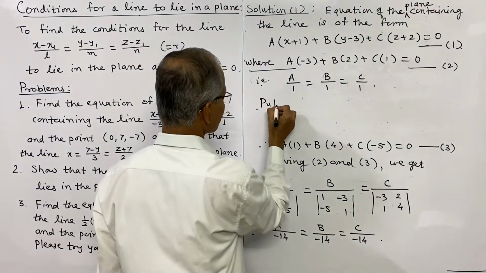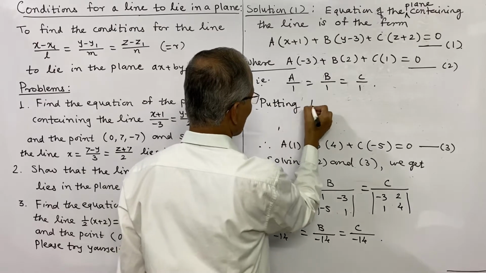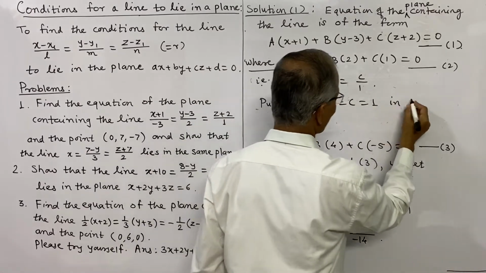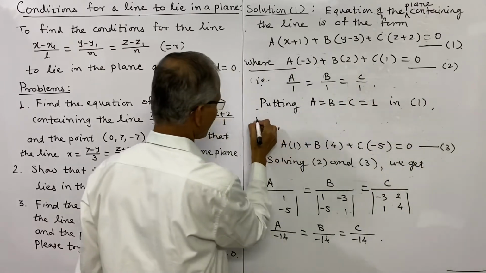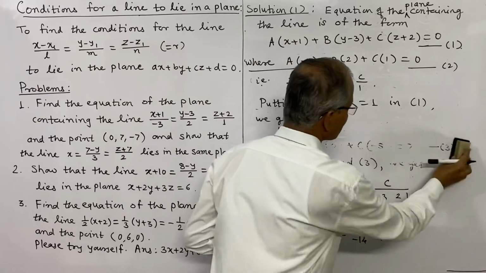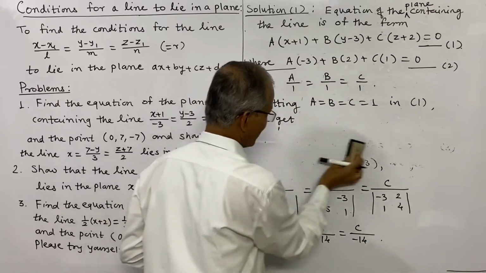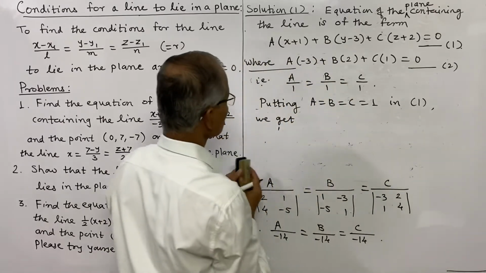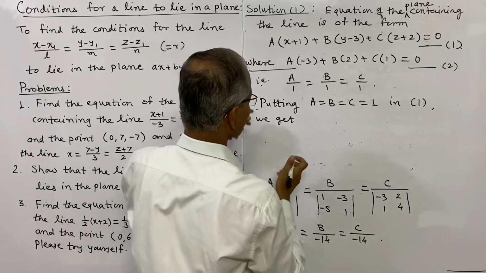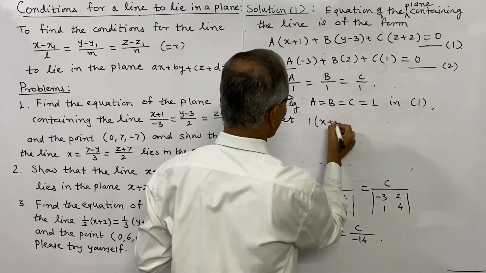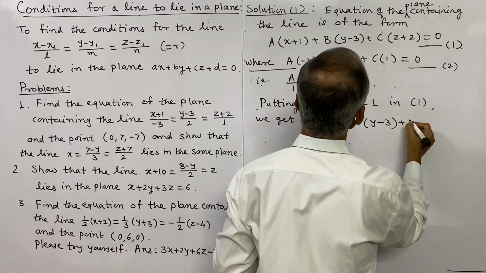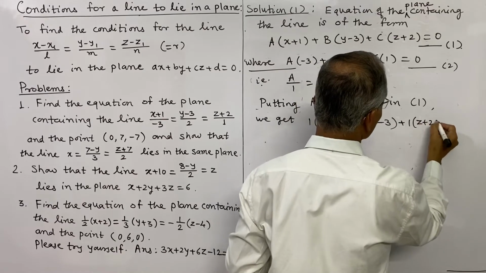Putting A equal to B equal to C equal to 1 in equation 1, the equation of the plane will be 1 into x plus 1, plus 1 into y minus 3, plus 1 into z plus 2 is equal to 0.